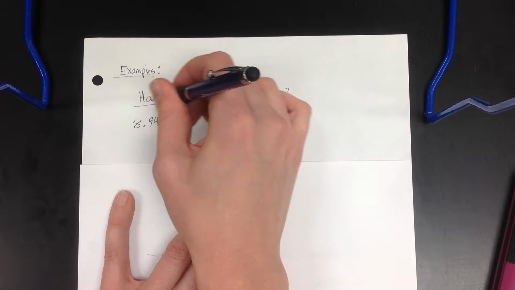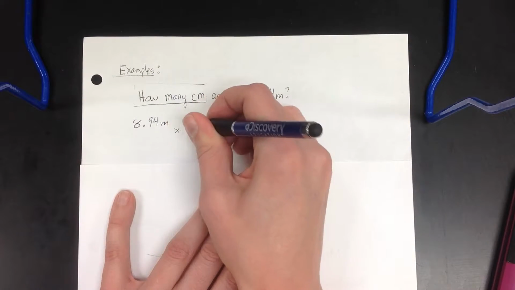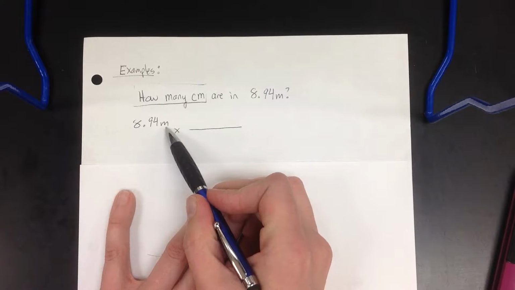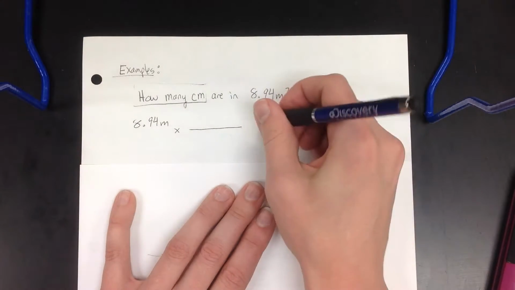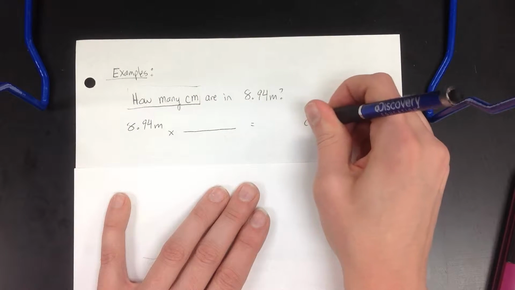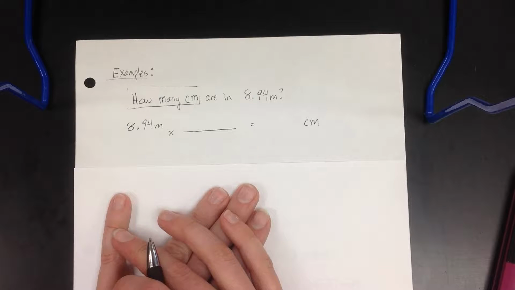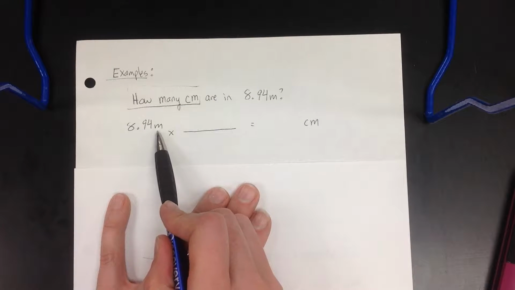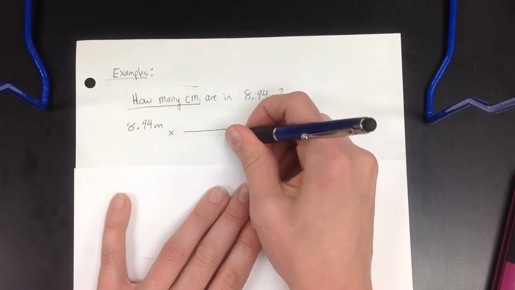I'm trying to figure out how many centimeters. So I ultimately need to cancel this unit, meters, so that I can change into a different unit, which is what I'm trying to get, centimeters. Well, to cancel my unit, right now it's on the top. To cancel it, I need to put it on the bottom.